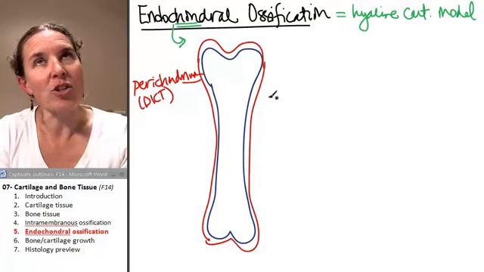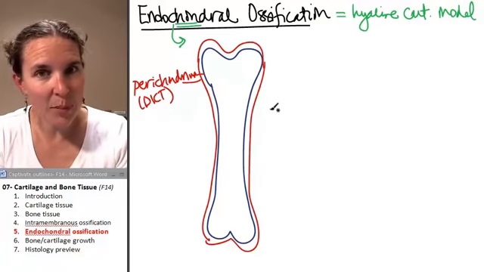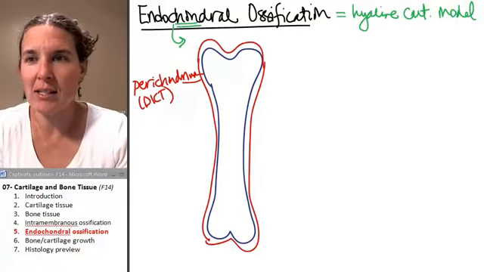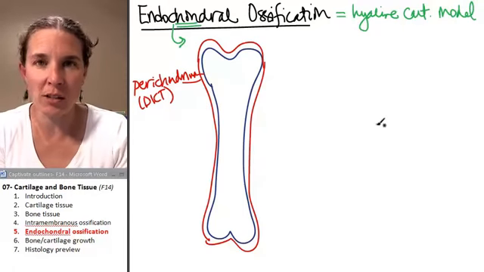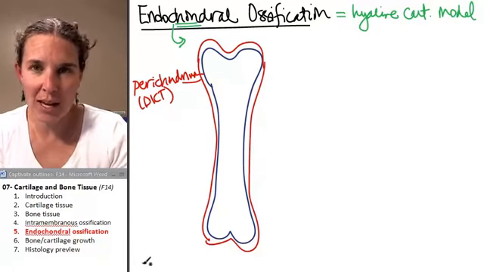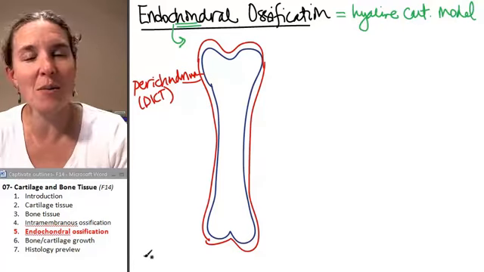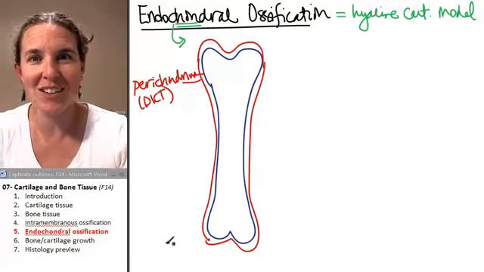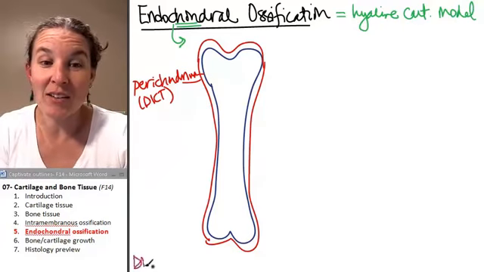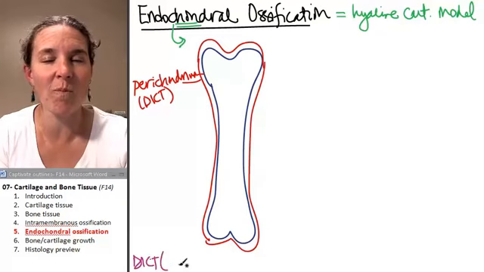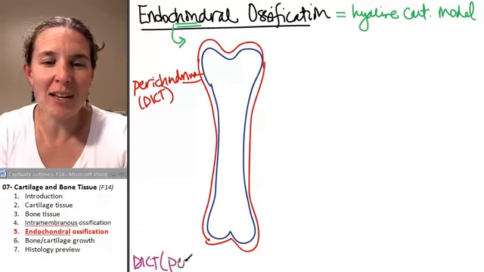There is a structure surrounding bone. It's not called a perichondrium. If you had to take a wild guess, $1 million on this question, can you answer it? What's the name of the structure that surrounds bone tissue? It's made out of dense, irregular connective tissue. Go ahead, take a wild guess.